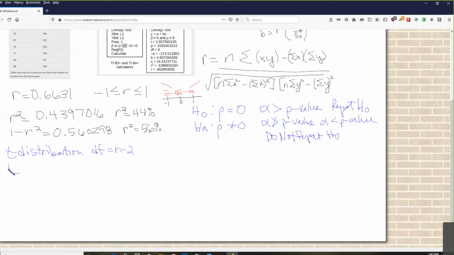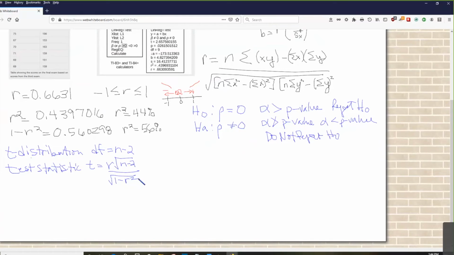The test statistic that we're going to use has the formula t equals r times the square root of n minus 2, divided by the square root of 1 minus r squared. And the p-value is going to be equal to the area of the two tails.